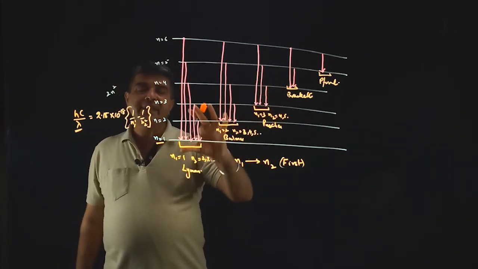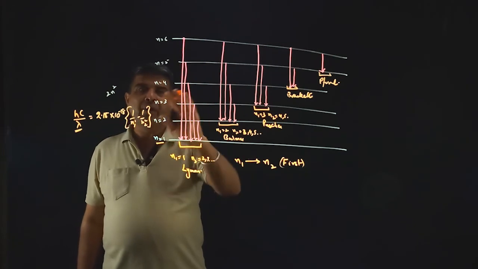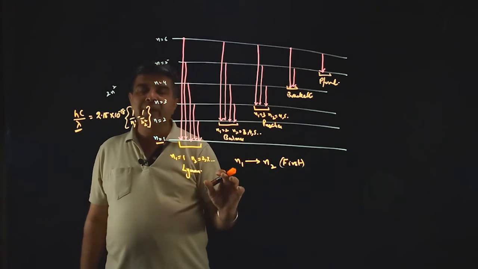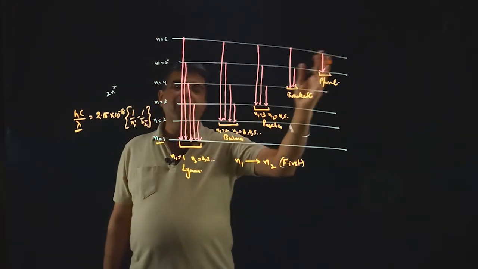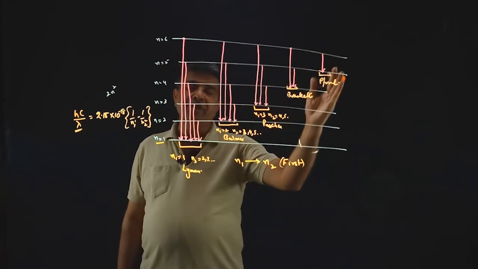Now Bohr was able to explain the line spectrum for the hydrogen atom. In the hydrogen atom, just think that there is only one electron, and that one electron can fall back to the ground state energy level with 15 different permutation combinations.